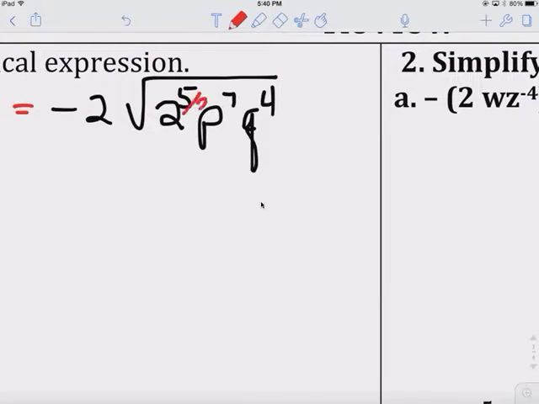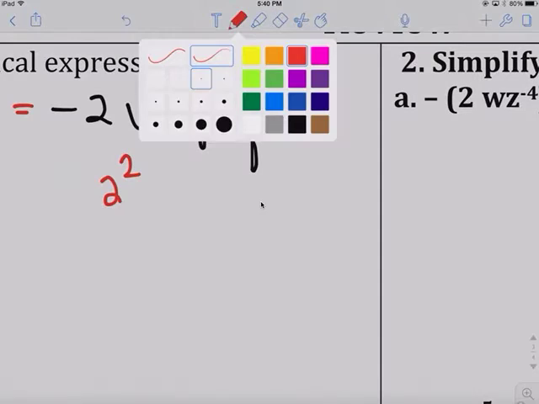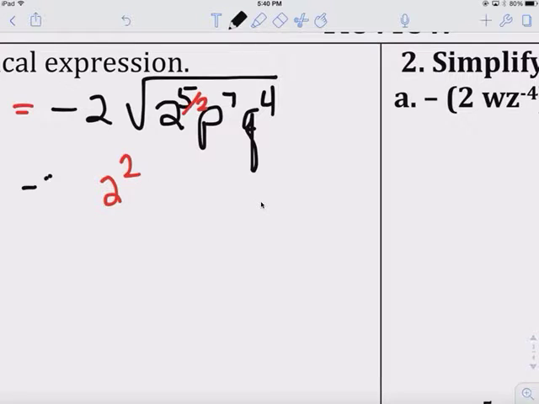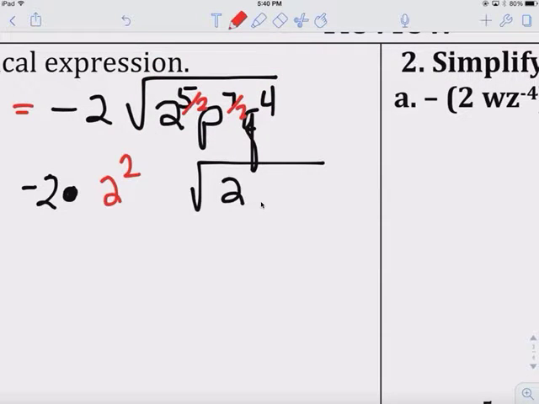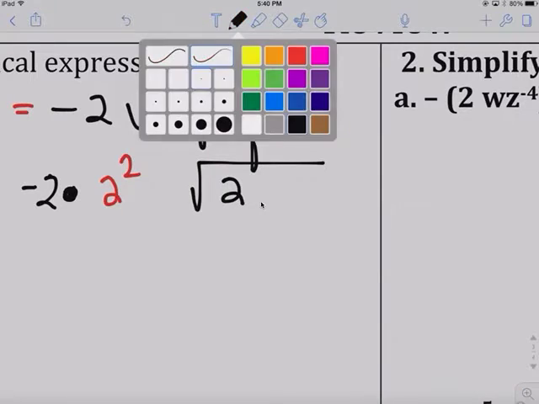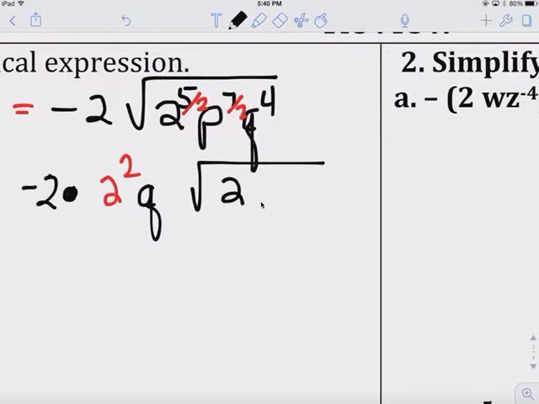Your answer is 2 to the 2nd, and -2 times that. Remaining inside is the 2, and then this is divide by 2. You get q to the 3rd, because 2 goes into 7 3 times, with a remaining q inside, because there's a remainder.